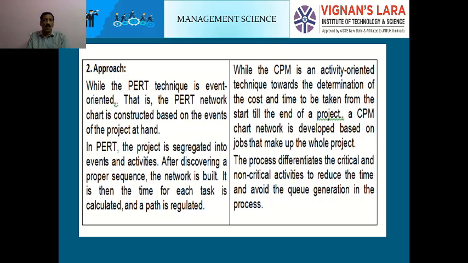That is, while the PERT technique is event oriented, the PERT network chart is constructed based on the events of the project at hand. In PERT, the project is segregated into events and activities. After discovering a proper sequence, the network is built. Then the time for each task is calculated and the path is regulated.